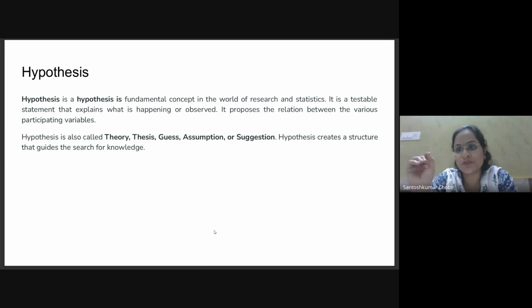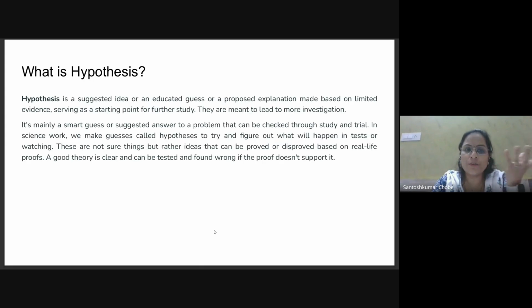That's what my hypothesis statement is. The hypothesis is a testable statement. It explains what is happening and what has been observed. It suggests the idea, the educated guess, or the proposed explanation for the given experimentation. So what is my expectation? What my outcome can be is stated in the hypothesis.